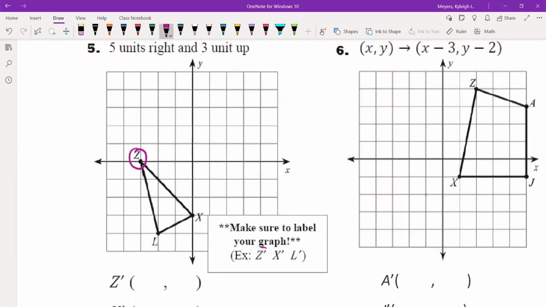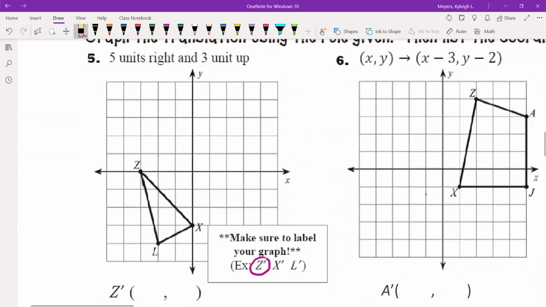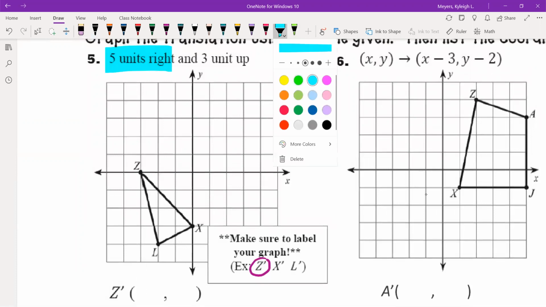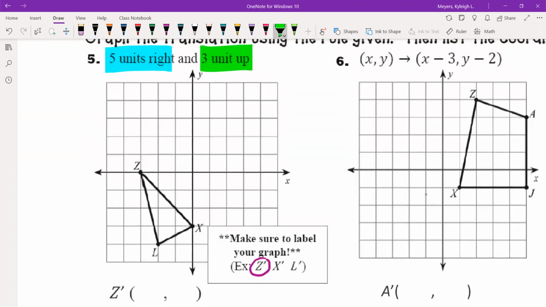We'd label it Z with a little apostrophe at the end. Okay, so that's how you know that it's a transformed letter. It's the new shape. Because otherwise it'd be impossible to tell which one came first, right? So this says 5 units right and 3 units up.